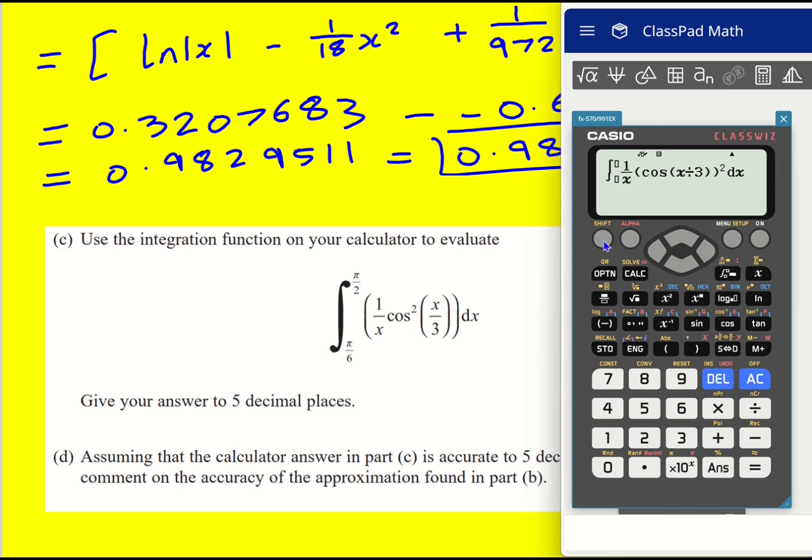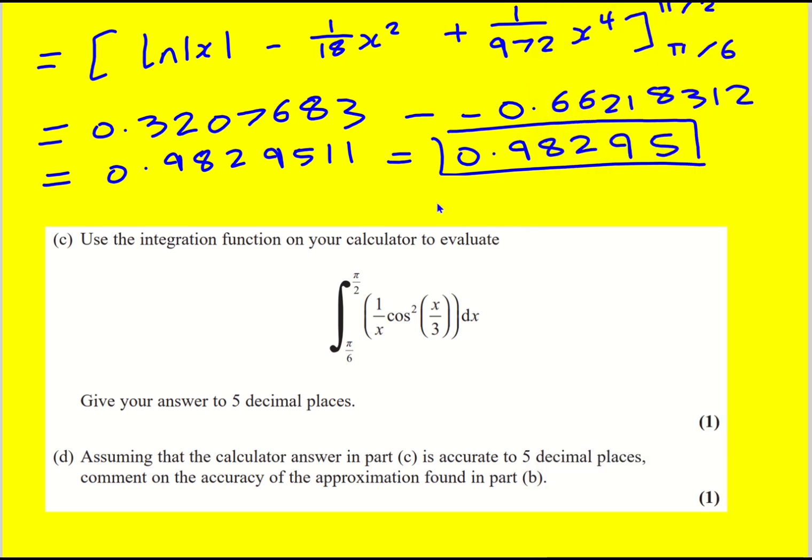And then pi over 6, and pi over 2. We get an answer that is very close, 0.982801. So I'm just going to round it straight away to 5 decimal places.